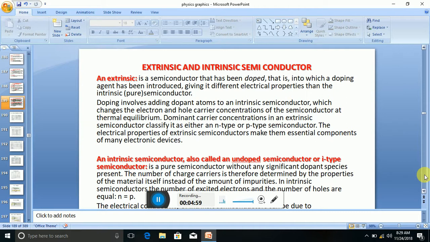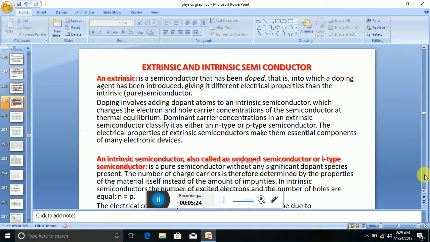Now, we are going to look at extrinsic and intrinsic semiconductors. An extrinsic semiconductor is one that has been doped, that is, into which a doping agent has been introduced, giving it different electrical properties than the intrinsic, which is a pure semiconductor.